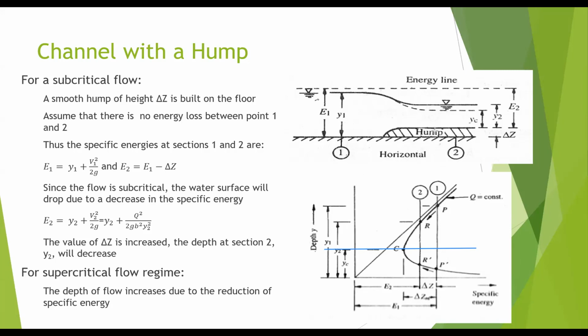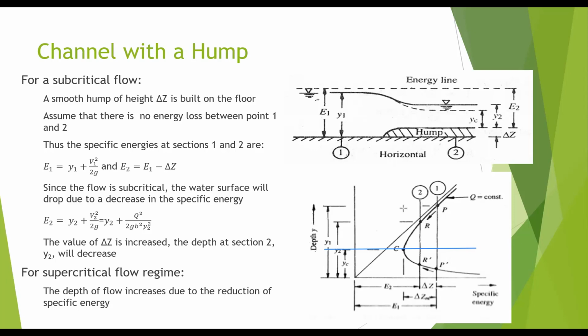And experiencing a hump means that a certain amount, delta z, should be reduced. It means that you are going to reduce delta z from the energy. It means that you will end up at this position. Okay, so this is position 1, this is position 2, and let's have a look at the specific energy curve.